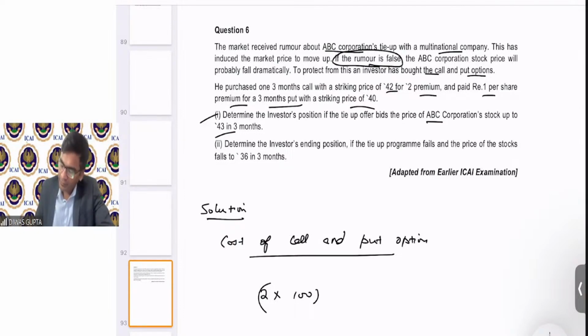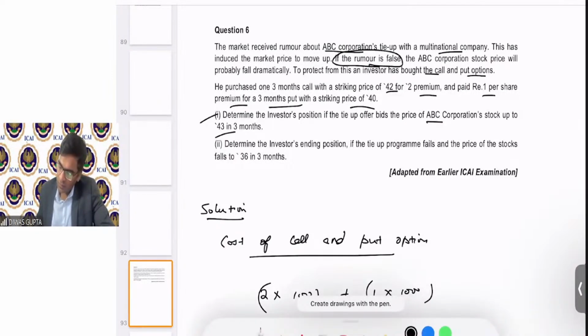Similarly, here it is 1 rupee per share. Just a second, students, I think that information is missing here. Okay, let's do one thing then. Let's not take any lot size.